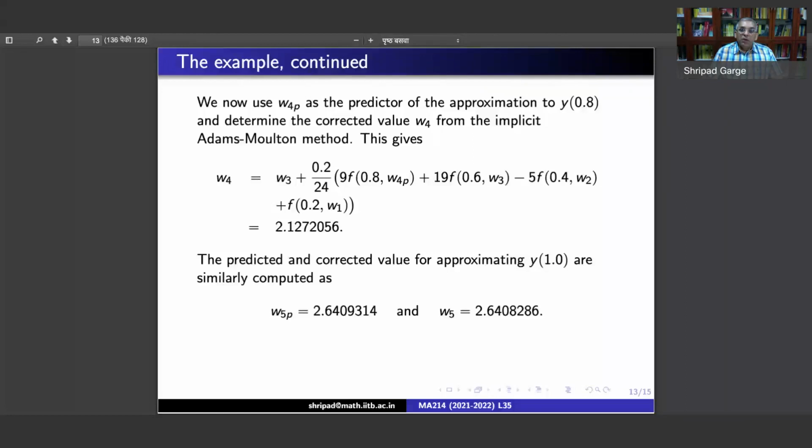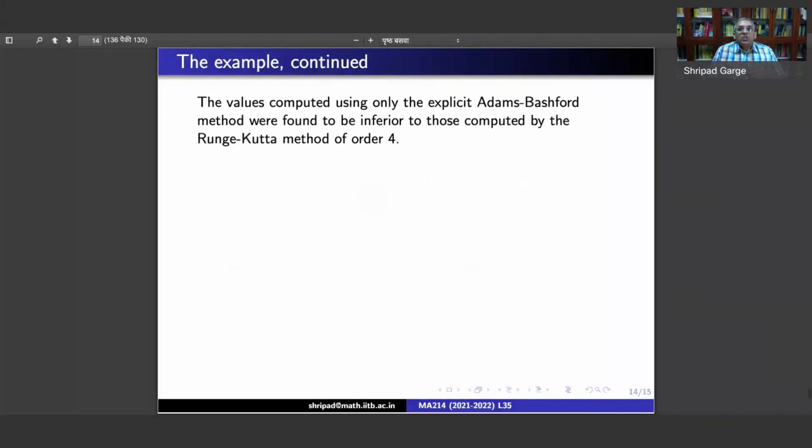So how far have we come? We now need to see whether we have improved slightly, because if you were using only Adams-Bashforth, then we failed miserably compared to the Runge-Kutta method. But have we done better now? You will see that our earlier application of Adams-Bashforth gave us inferior values.